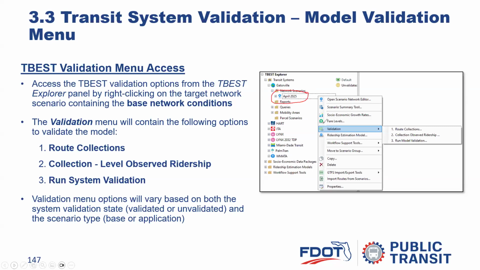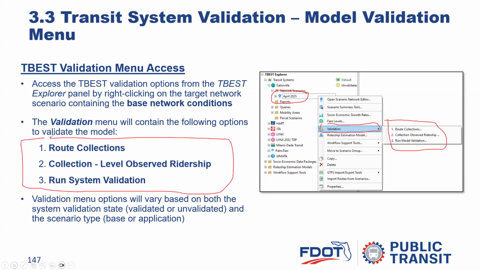We right-click on it, it goes to the validation menu option. And then there are 3 options: route collections, collection, observed ridership. So these are the 3 that correspond over here, where we're going to step through these to actually validate our transit system based on the base conditions that are contained in our April 2025 scenario.